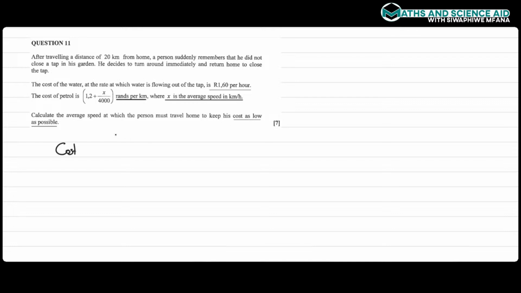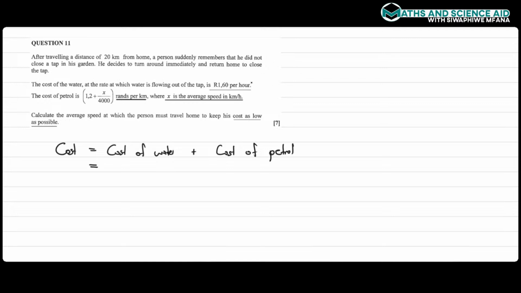So the first thing is to get an equation for the cost. The cost here is going to be given by the cost of the water plus the cost of petrol, right? And we are told that the cost of water is 160 rands per hour.